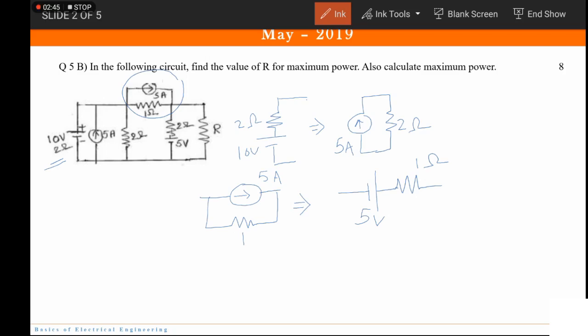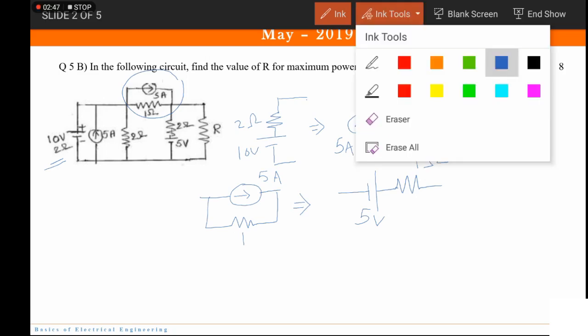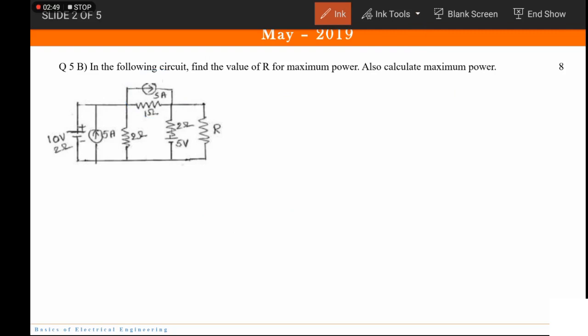So we will be replacing this and then we will be drawing the circuit diagram. Fine. And in order to find the maximum power, we have to open circuit this branch. Okay. So how will my new circuit look like? Here I have a current source of 5 ampere with a resistance of 2 ohms.